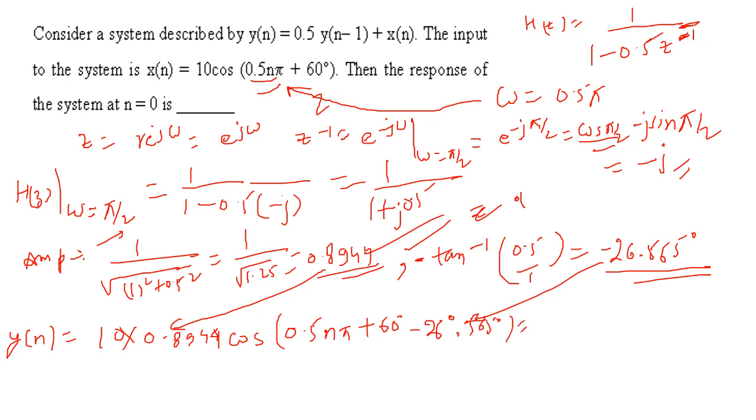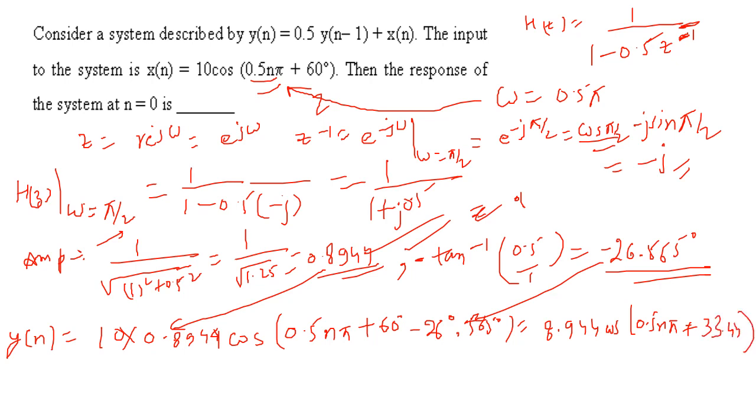So you can write this as 8.944 cos of 0.5 pi n, and you just subtract, 60 minus 26.56, which comes out to be 33.44. So we got 33.44.